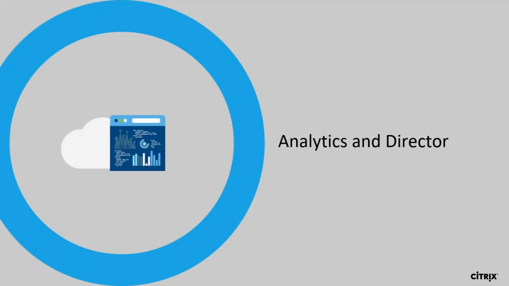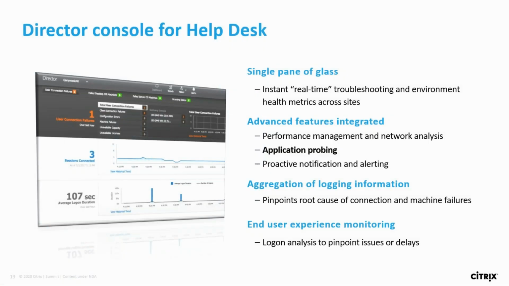The other big piece that a lot of customers really like is the analytics and Director. I know Igor went through and did a great job showing some of the performance analytics, but with Director as well, there are lots of great abilities in here. You can power manage the machines, control the sessions, see session failures and dig down into those, and do things like shadowing sessions.